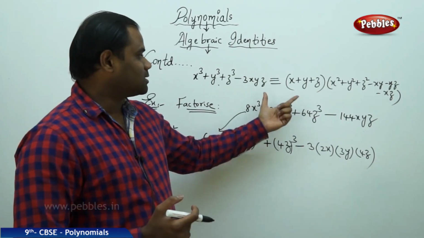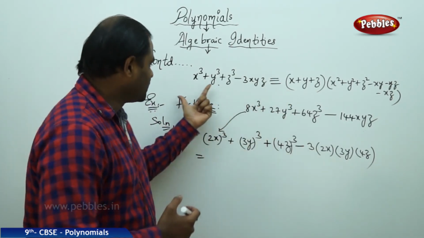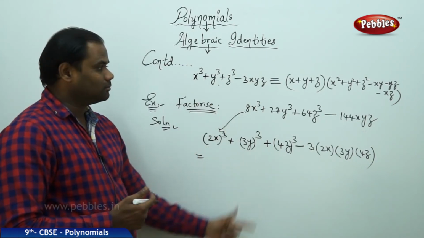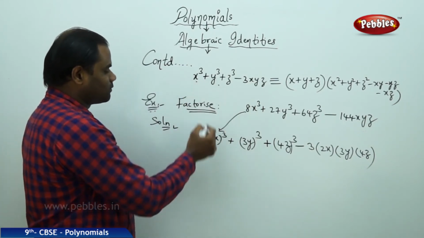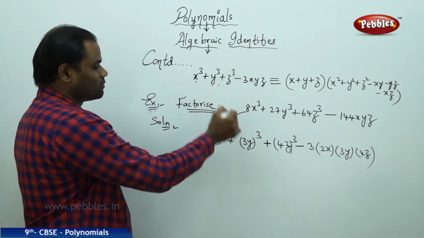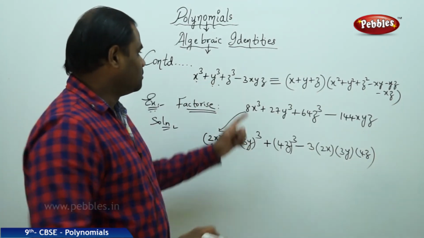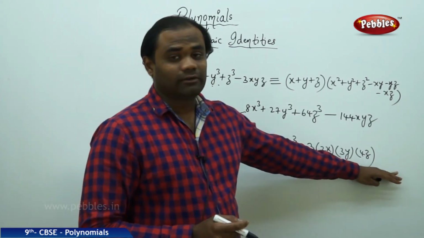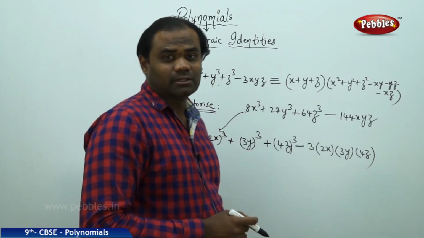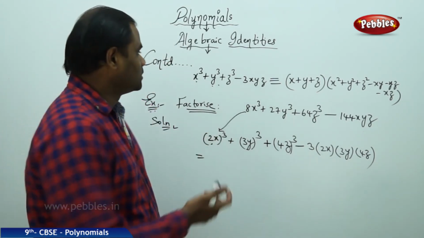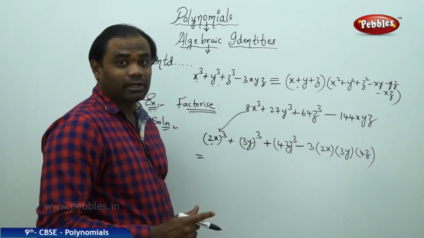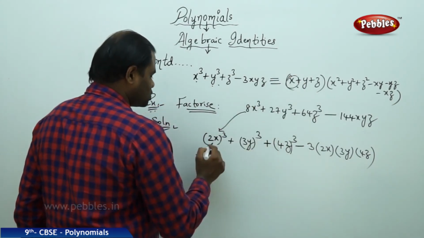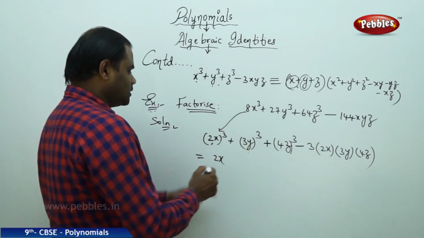So using this algebraic identity, I compare the left hand side of this identity with the given problem. Now clearly I see that in place of x I have 2x, in place of y I have 3y, in place of z I have 4z, so that this whole left hand side can be substituted for the right hand side of the algebraic identity.